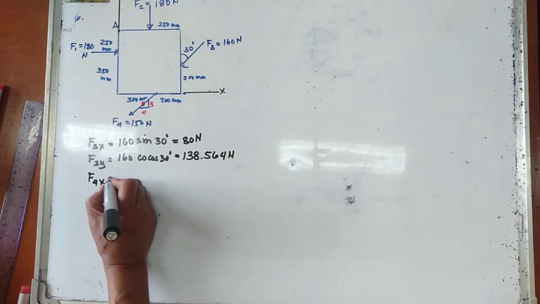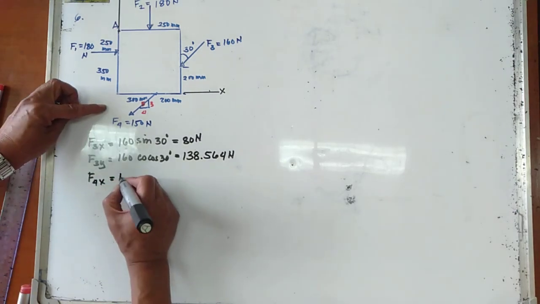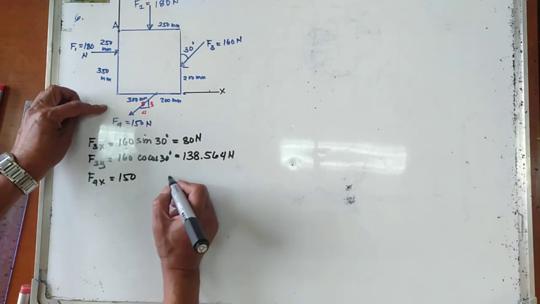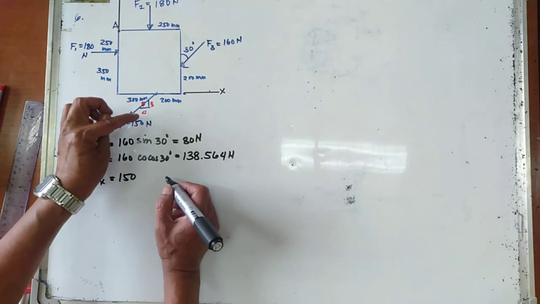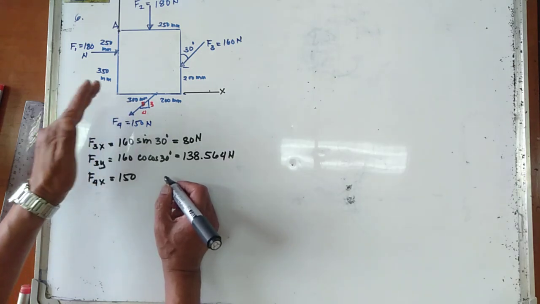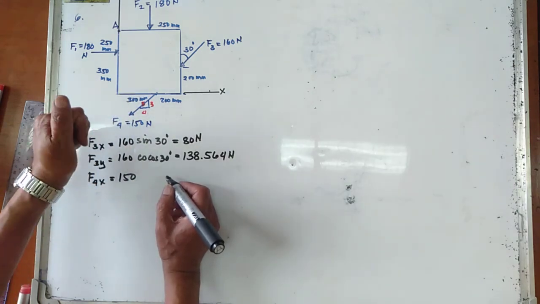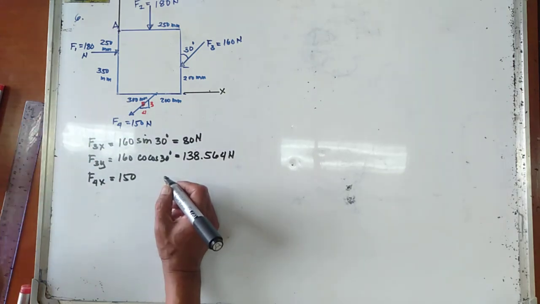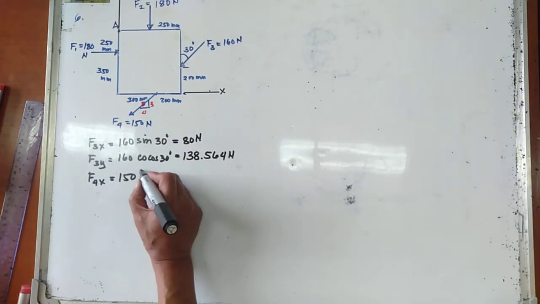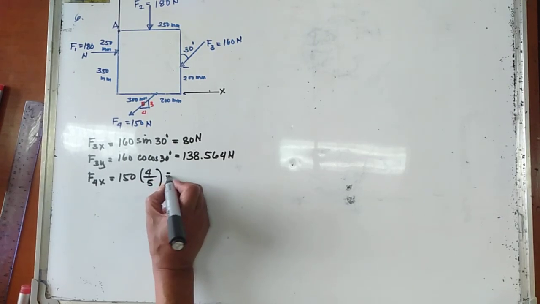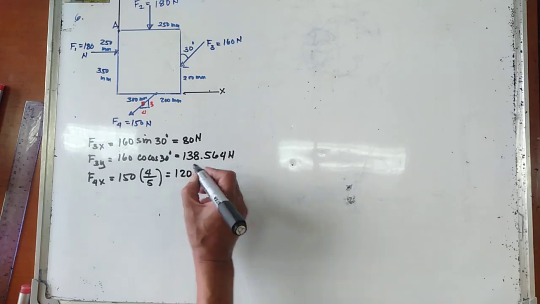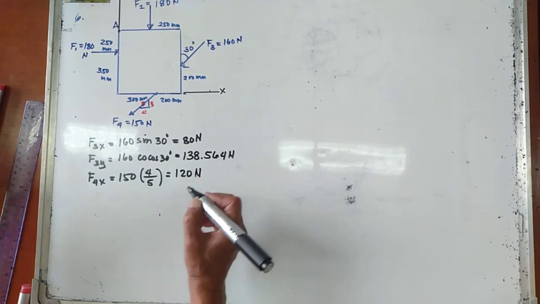F4x is equal to 150. So the slope of F4 is 3 vertical to 4 horizontal. So the hypotenuse of the slope triangle is equal to 5. So that's 150 multiplied by 4 all over 5, and this is equal to 120 newtons.